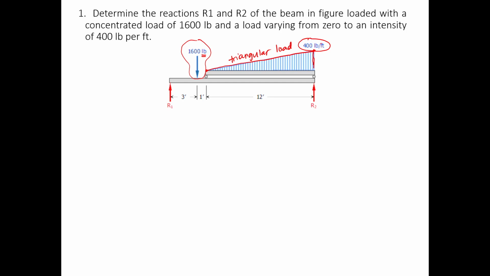So how do we do this? Take notice of the unit given, that's pound per foot. Upon conversion into pounds, all you have to do is multiply this with the distance. Let's say your 1600 is your force number 1.